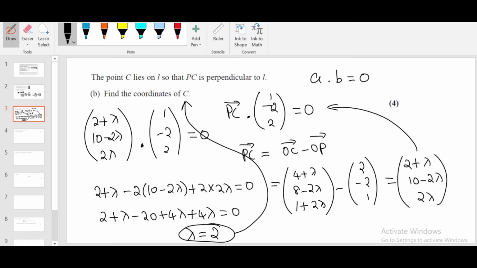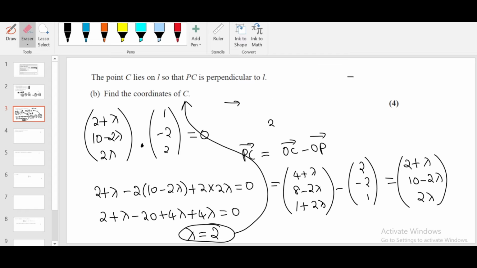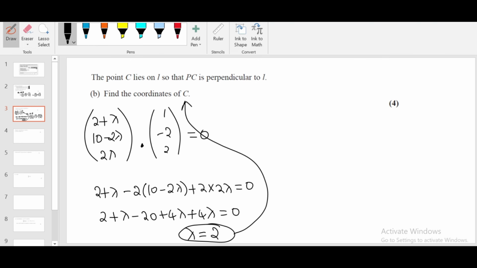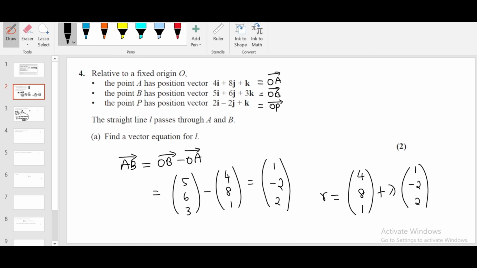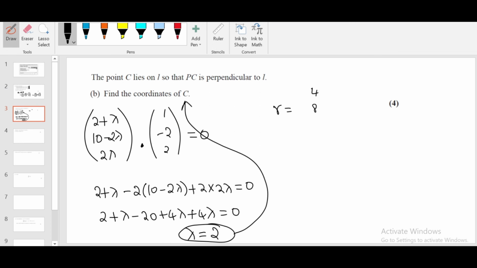So to find the coordinates of the point, or the position vector of the point, we take the straight line L and replace lambda by 2. R is equal to (4, 8, 1) plus lambda times (1, -2, 2). Sub in the value of lambda here to find the OC vector.